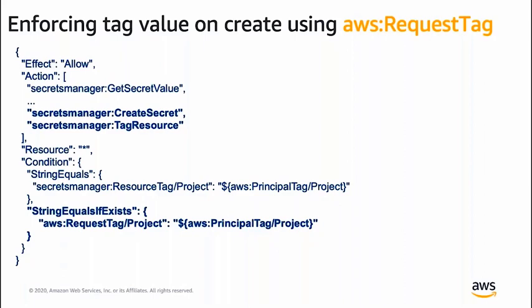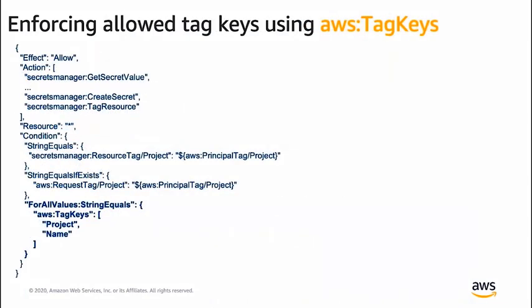Sure, I hope you would ask. We will use two more condition keys. TagKeys defines what tag keys are allowed in the request, and ForAllValues returns true if every value in the request matches at least one value in the list.